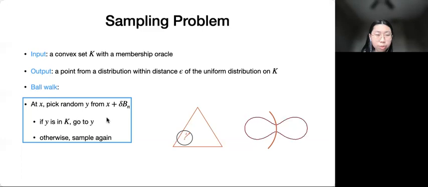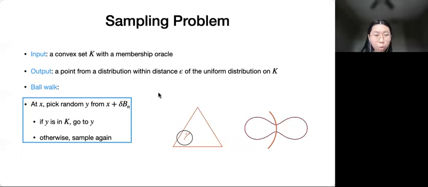If the random point we pick from the ball is in K, we go to that point. Otherwise, we sample again. We repeat this ball walk again and again until we get a uniform distribution over the whole convex body.